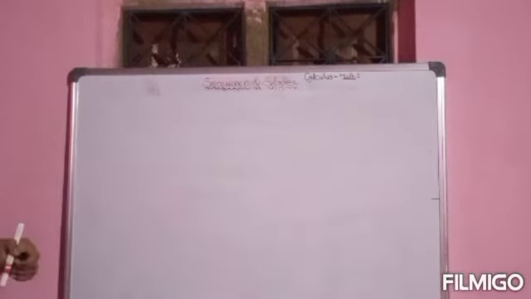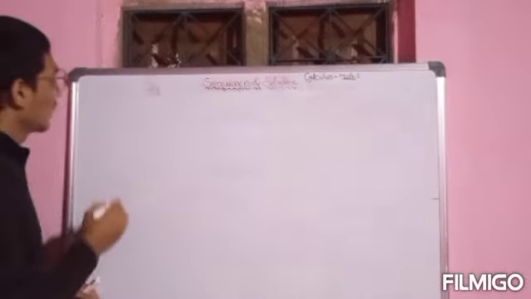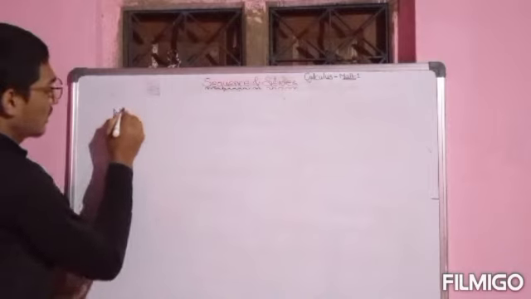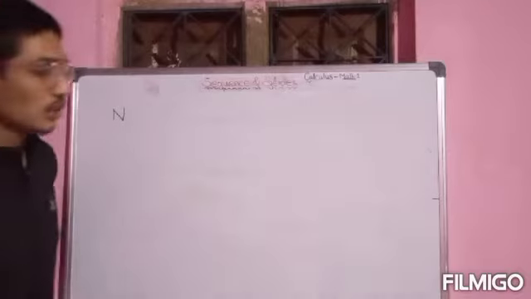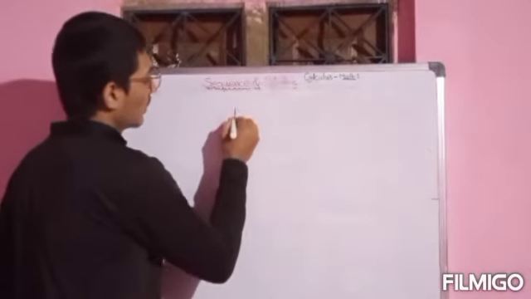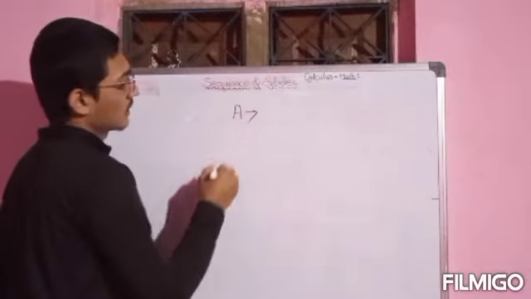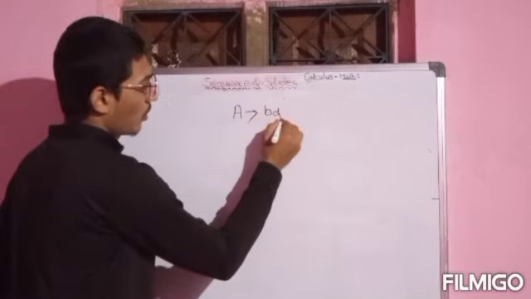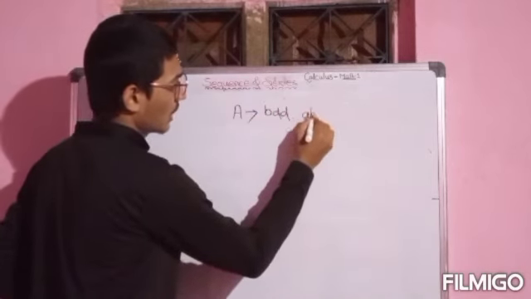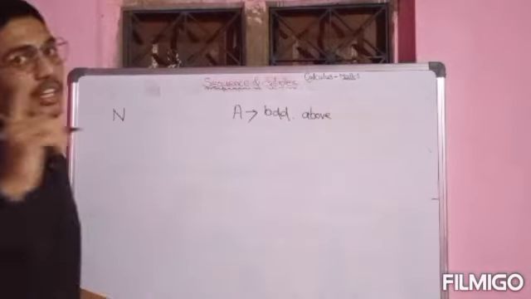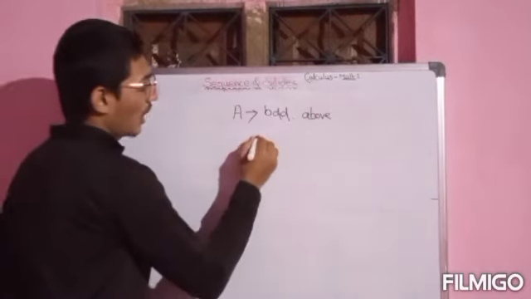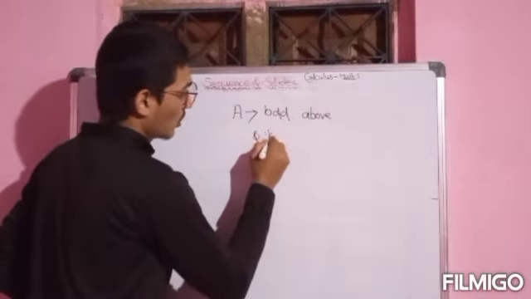Achha. Now let me tell. One thing I forgot to tell. Suppose a set is bounded above. Bounded above means there exists at least one upper bound, and as well as bounded below.